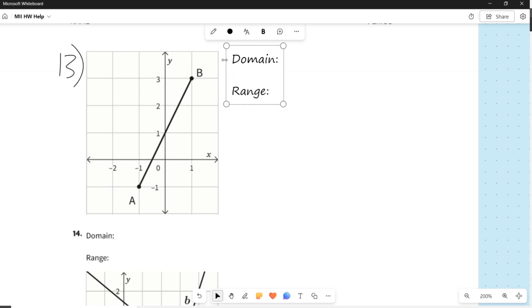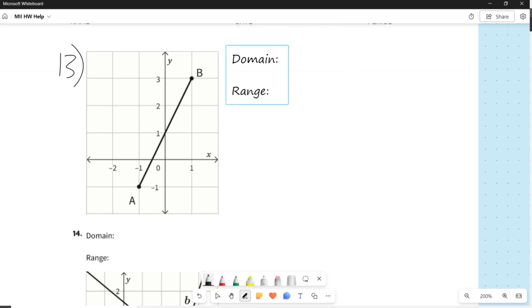So the domain is what are all of the possible, or what are all of the acceptable inputs into this function, right? We have a graph of a function, a relatively basic straight line segment, and we're looking for, well, what are all of the possible x values that are included in the graph of this function?